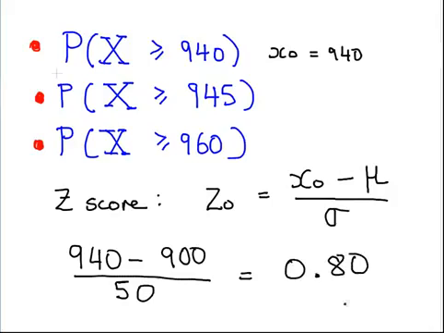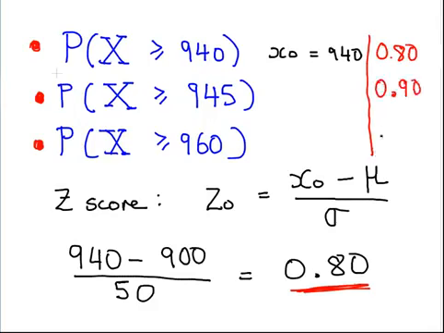I'm going to put this to 2 decimal places for a reason that will become clear shortly. 0.80 is the Z score for 940. I'll just write them over here. If you do something similar for the other ones, you have 0.90 and 1.20, and again we're putting it to 2 decimal places.